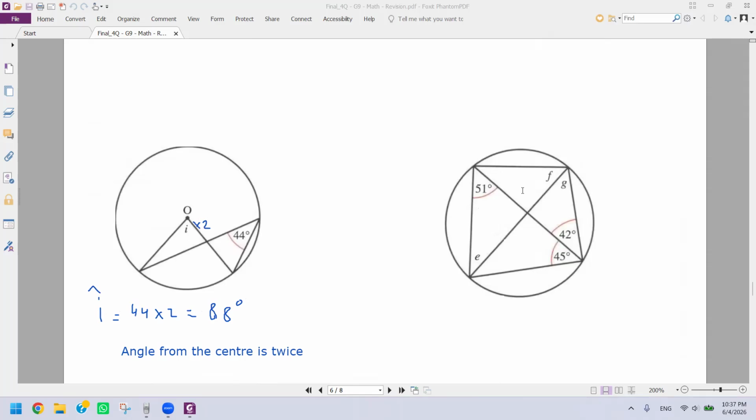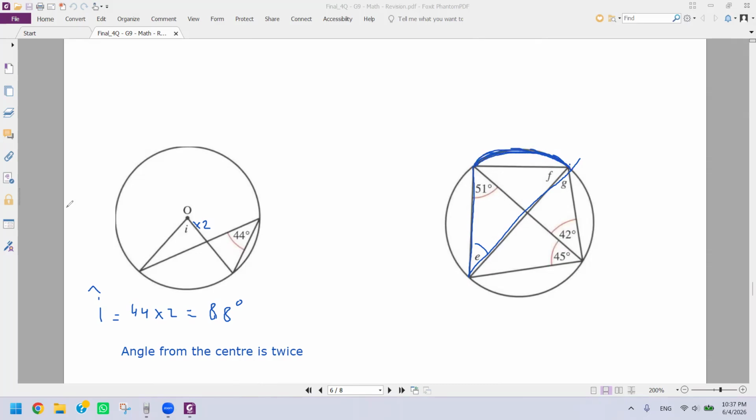Now, next, which one should we do first? Let's do it in alphabetical order, okay? So angle E. Always first thing when you are doing this kind of question, try to find the arc of the angle. This is angle E. Where's the arc of it? This one. Okay, check.